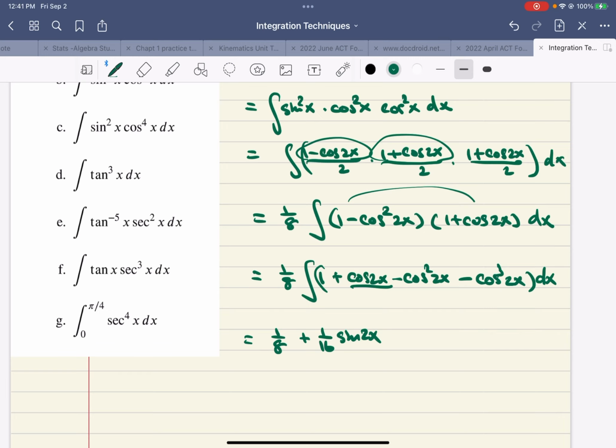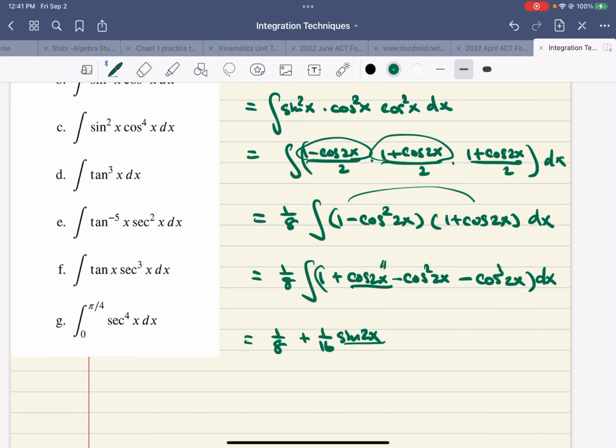If you're not getting this one here, then you can use a u sub one more time. But that's pretty simple, so you can do it in your head. The derivative of sine is cosine 2x times 2, so it'll come back to 1 over 8 cosine 2x. So the antiderivative of 1/8 cosine 2x is 1/16 sine 2x.